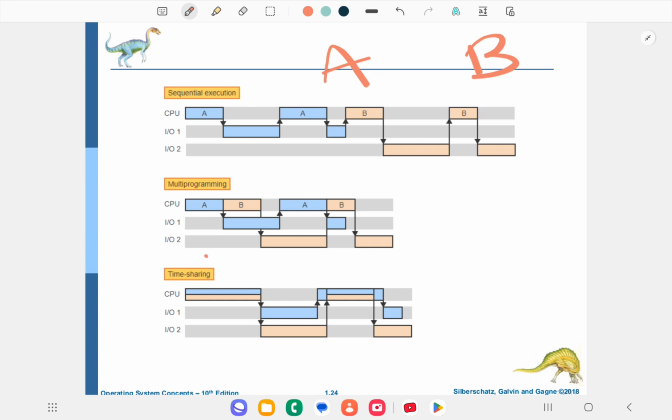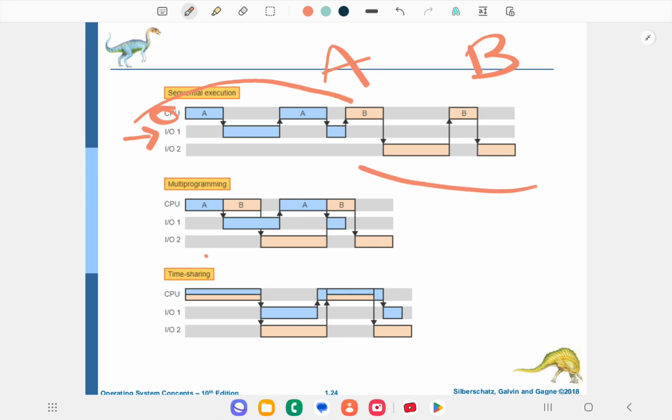They need to do some computation on the CPU, the CPU cycle, and they need access to data from I/O devices, or input-output devices, which we call the input-output cycle. Having two processes to execute with sequential execution, we start with process A, and then we wait for it to be fully completed, then we switch to process B.